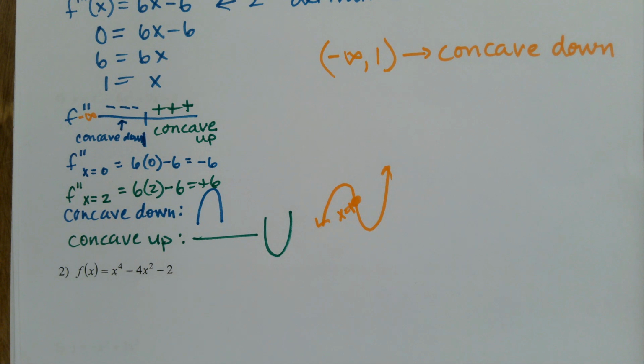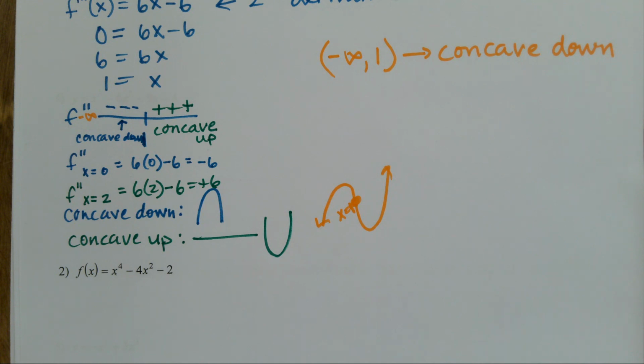Because to the left of 1 is all of the negatives, and it doesn't matter what negative number I plug in here, it's going to end up with a negative region, which means that's all part of the concave down region. It goes all the way to the start of our numbers on the negative side, and that's negative infinity. On the other side, it's going to go to positive infinity.